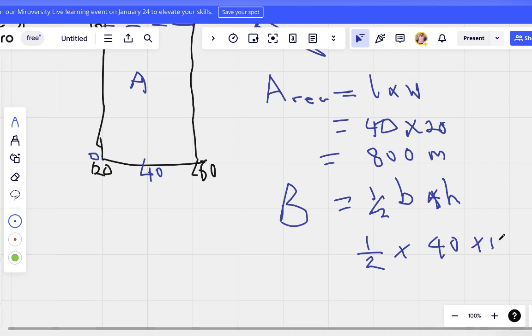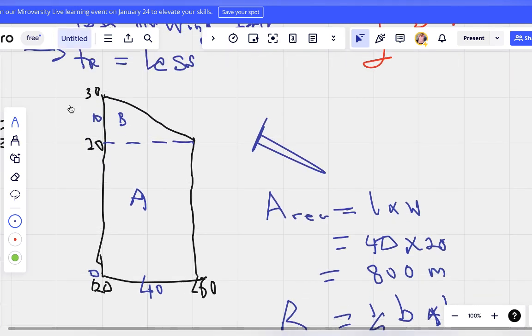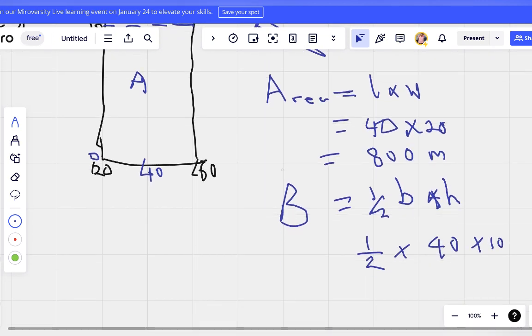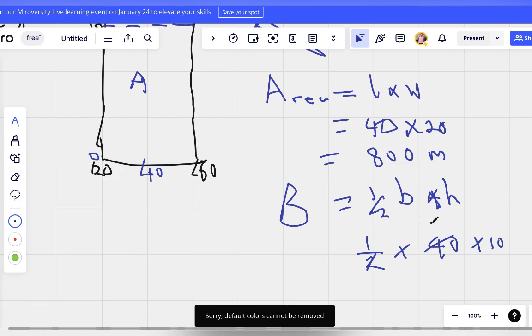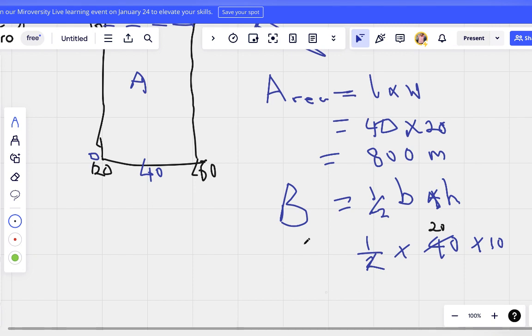We're looking at the height of the triangle only, this height. Half of 40 is 20, so here we get 20. 20 times 10 gives 200. So the area of B is equal to 200 meters.